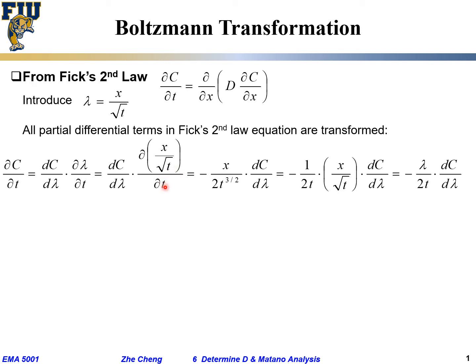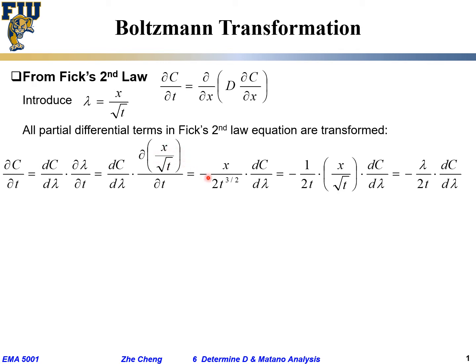And if we do partial differential of this x over square root of t with respect to t, we assume for this term, what is constant? X, right? Because we are only doing partial differential with respect to t, t changes, but x is a constant.